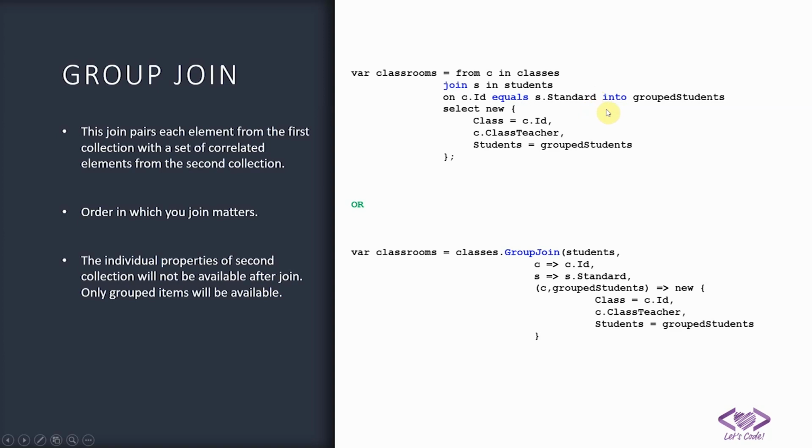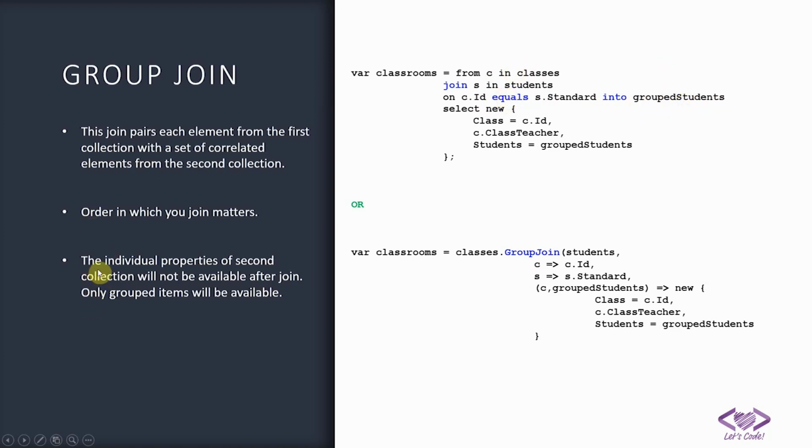But there is a difference now where you have to specify the into keyword and define a variable. That means the output of this join will be sent into a variable here.